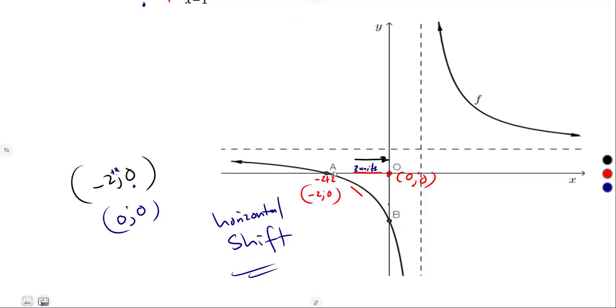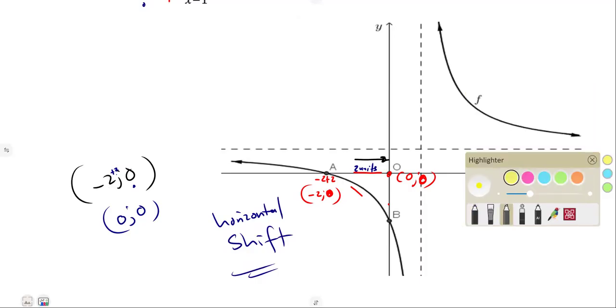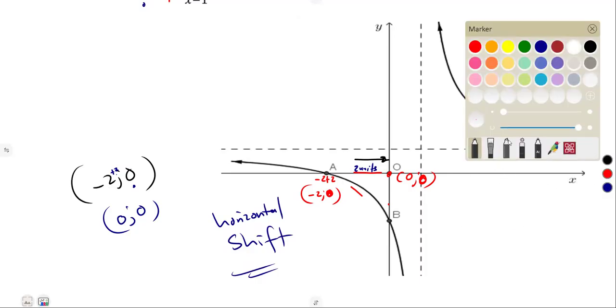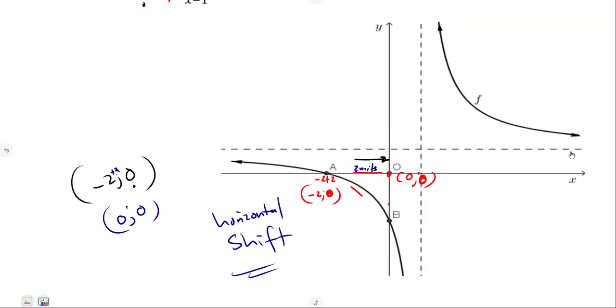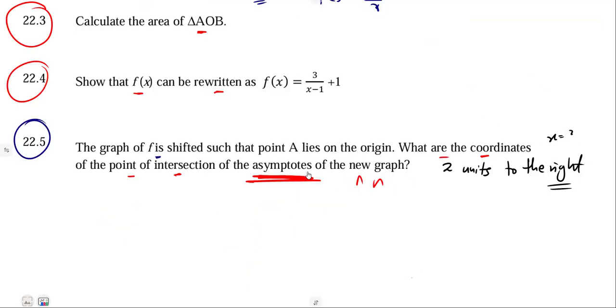At point A, y is 0. At the origin, y is 0 again. So the y value is not affected at all. Only the x value.